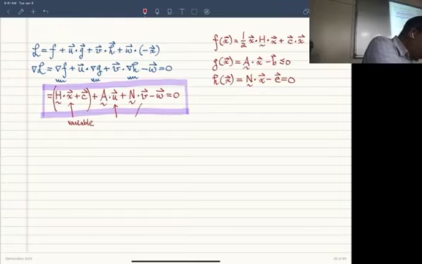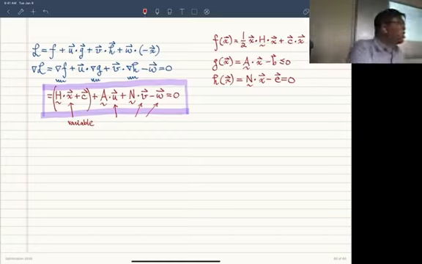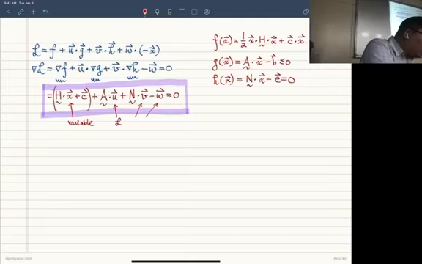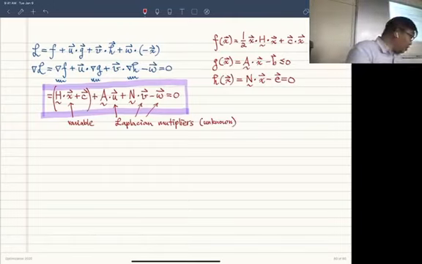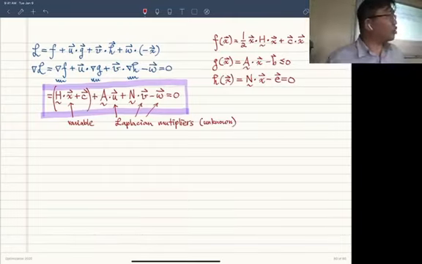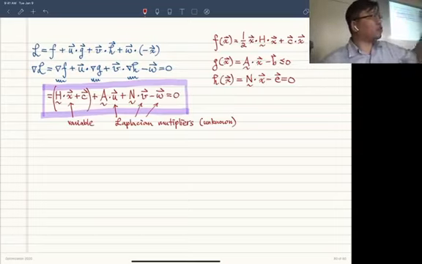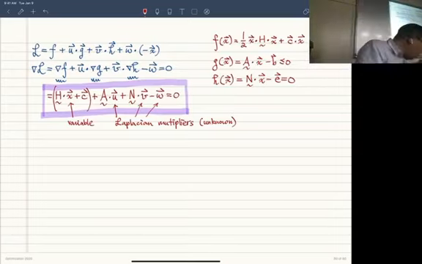U, v, w are called the Lagrangian multipliers. And right now they are still unknown. We don't know them yet. We just know we have those coefficients in front of our constraint functions, but we don't know the value. So that would be the first equation that we have for QP.